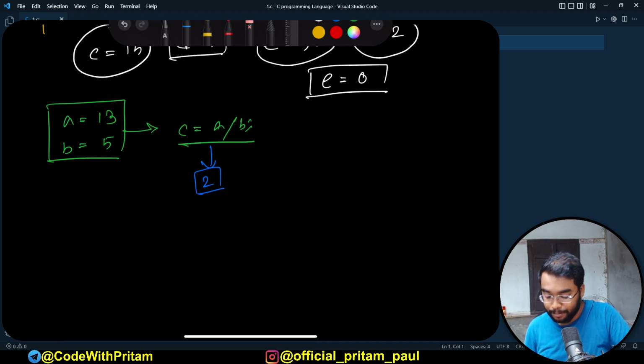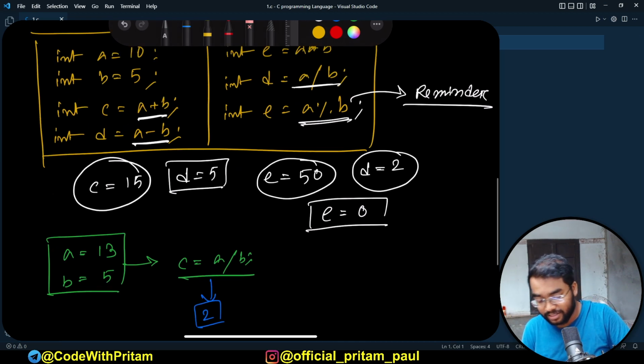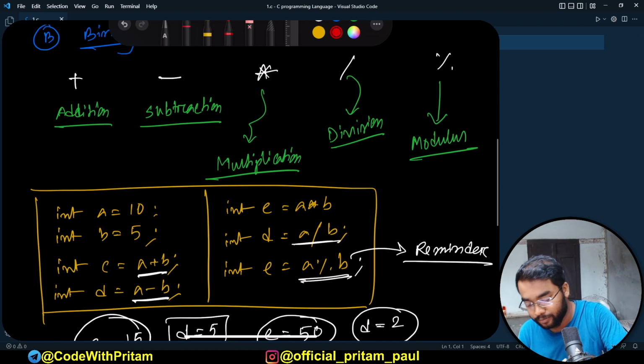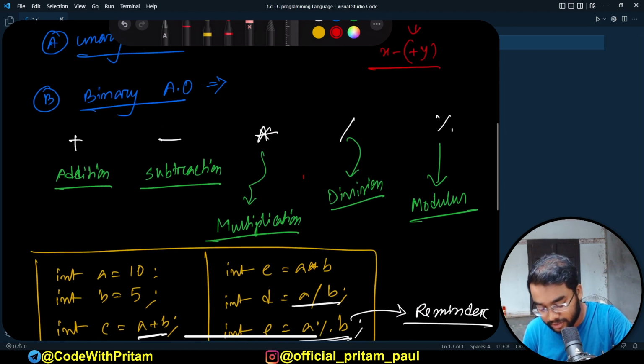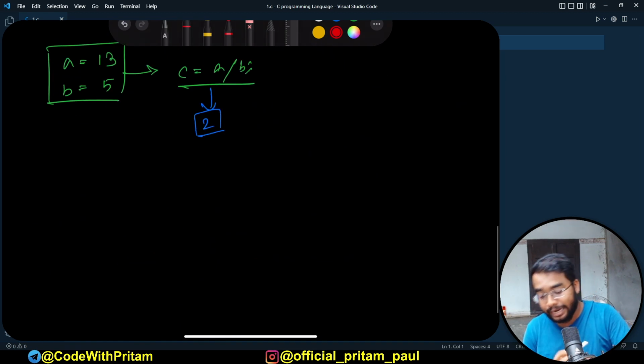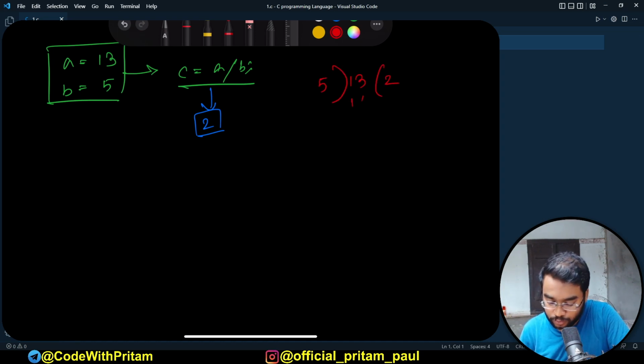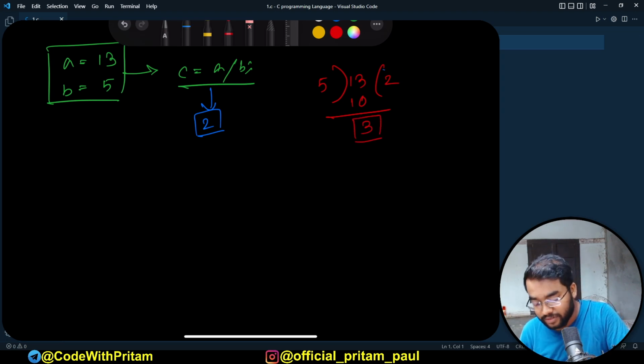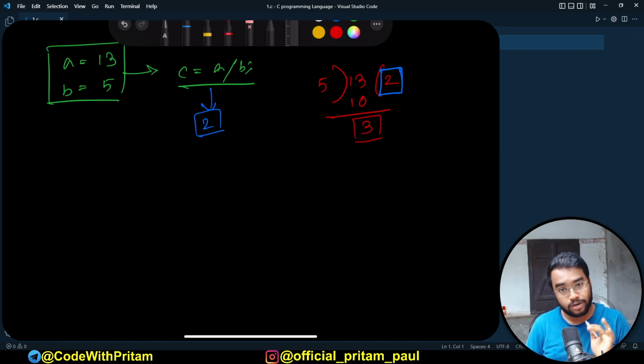Why 2? Because this division operation is actually called integer division. What is integer division? Take 13 divided by 5: 5 into 2 equals 10, and the remainder is 3. So integer division means the quotient part only, not the remainder.